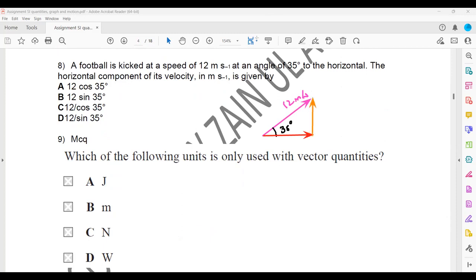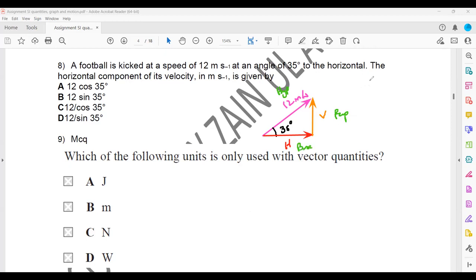So it will make a right angle triangle. When we combine the horizontal component and the vertical component, this will make a closed figure, a right angle triangle. So we can use the trigonometric ratios. This one is the hypotenuse. This one is the perpendicular and the horizontal component is the base.